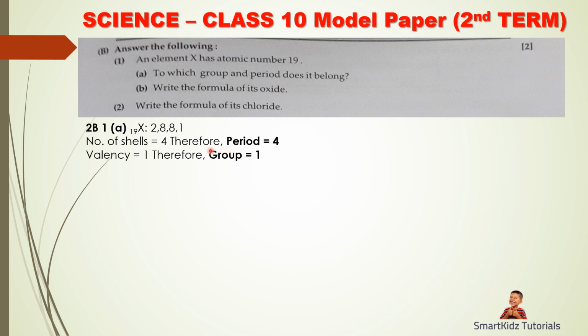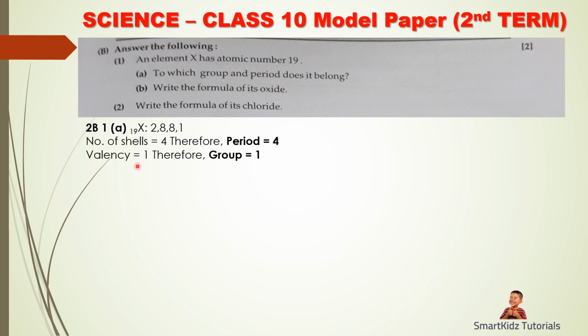So because there are 4 shells over here, we can say that it belongs to the fourth period. You may check in your textbook, open up the page where it shows the modern periodic table, and you will be able to locate element number 19, or the element having atomic number 19.